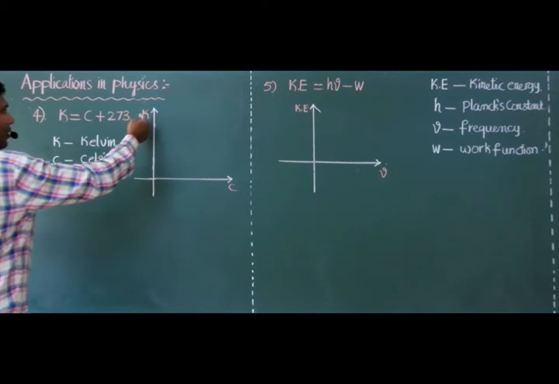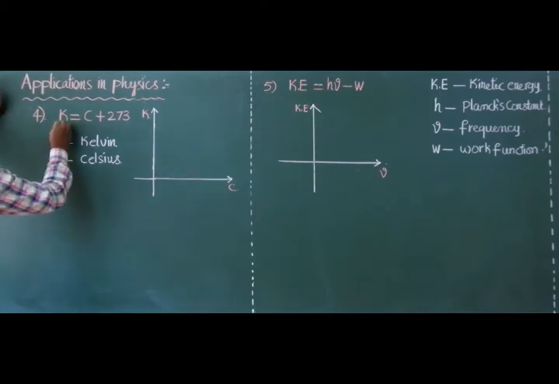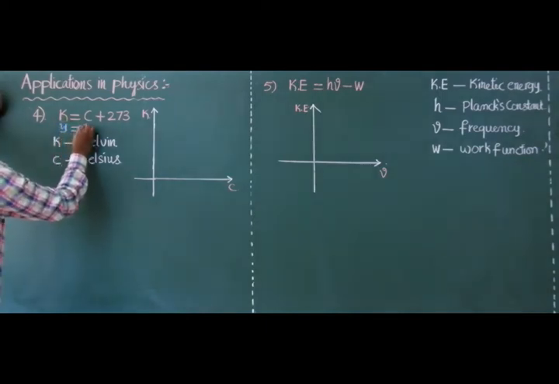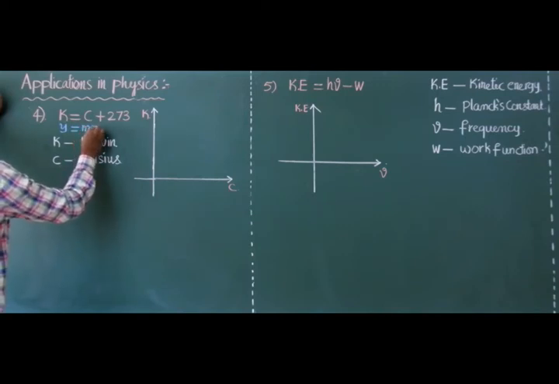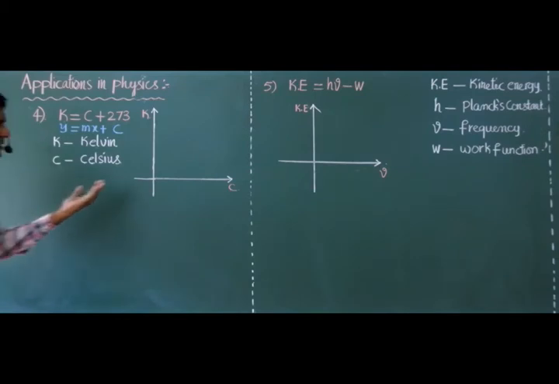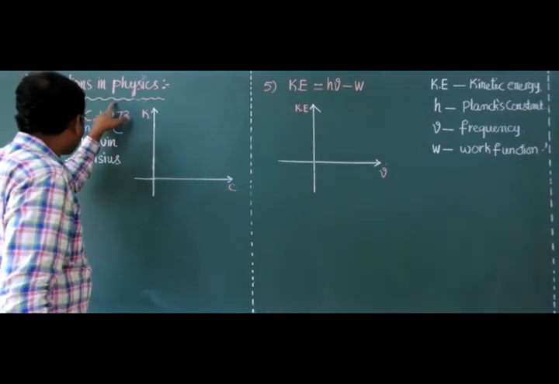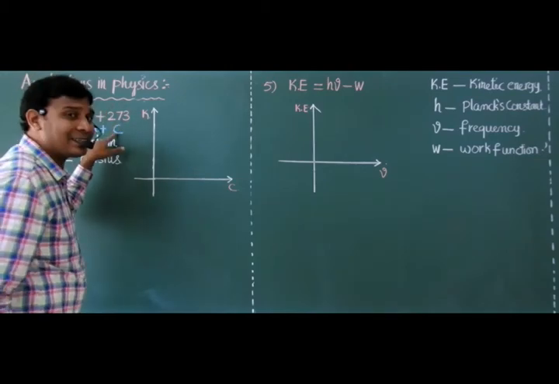Now the question is: plot a graph between K versus C. See, you just observe this equation. y equals mx plus c. Sir, how to decide, sir? Here C is nothing but x. This 273 is the intercept.